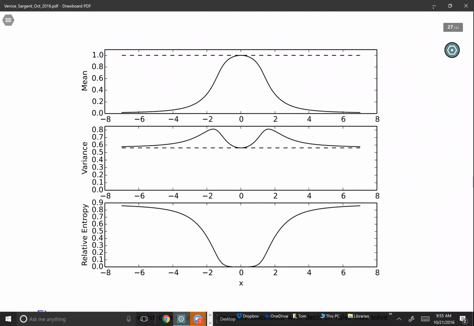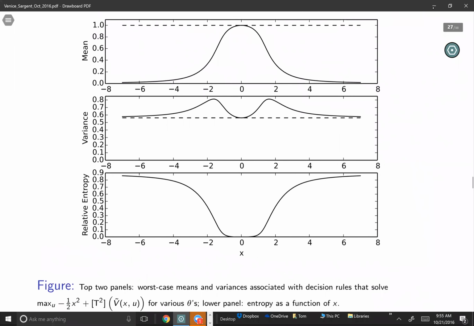This graph is going to show you why. Here's what's going on. The top two panels show the worst case mean and the worst case variance that's coming out of the minimization. And the worst case mean is actually going to depend on x.